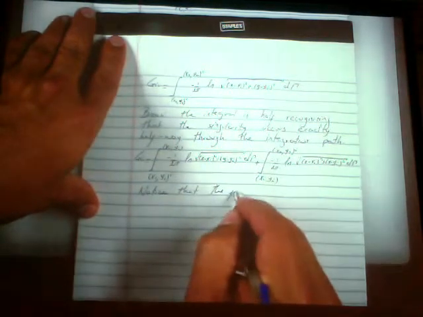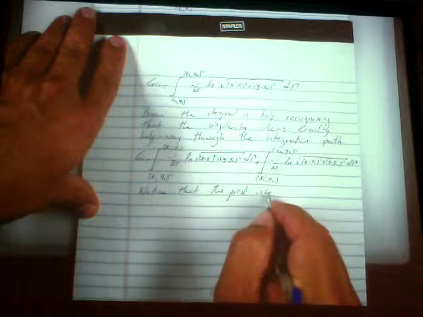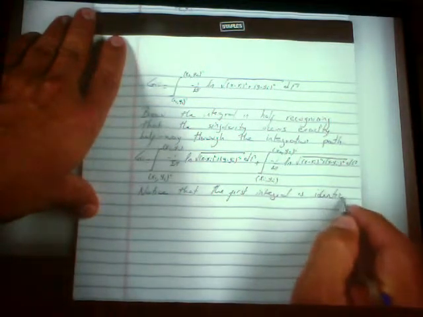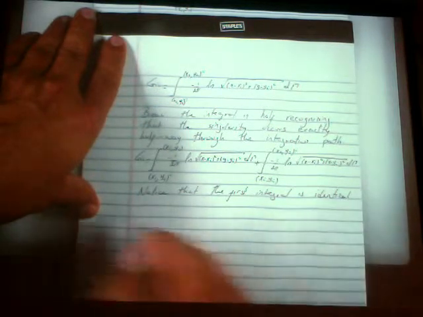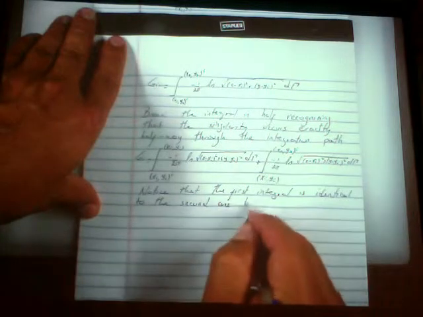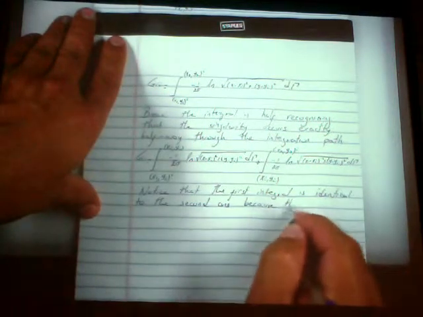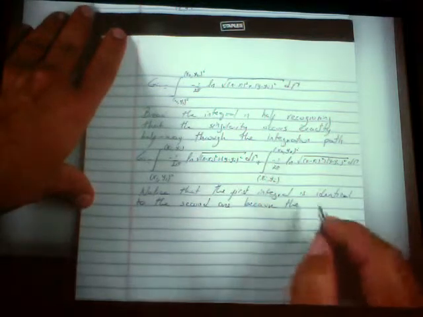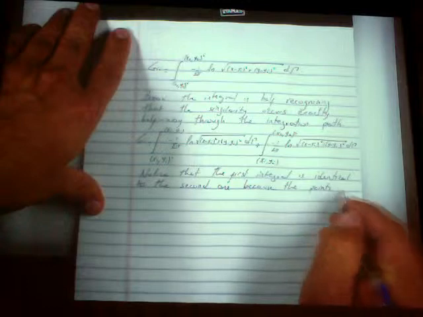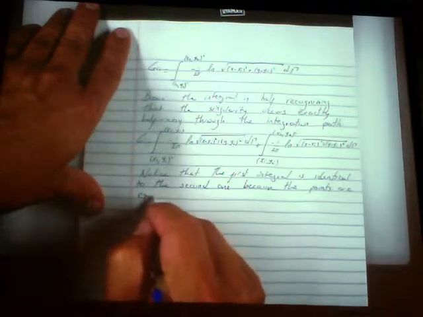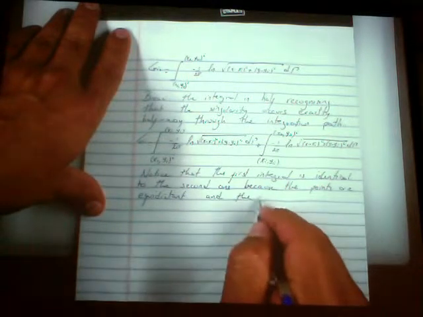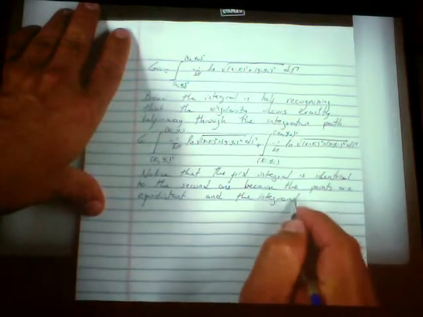Note that the first integral is identical to the second one because the points are equidistant and the integrand is even.